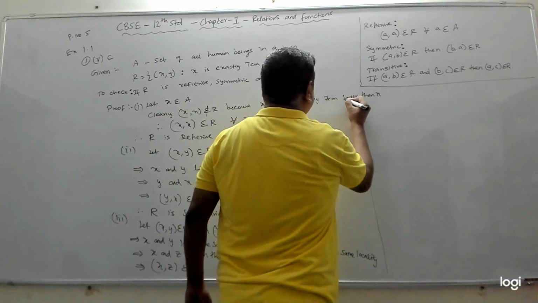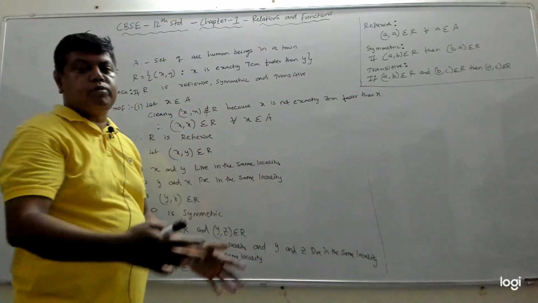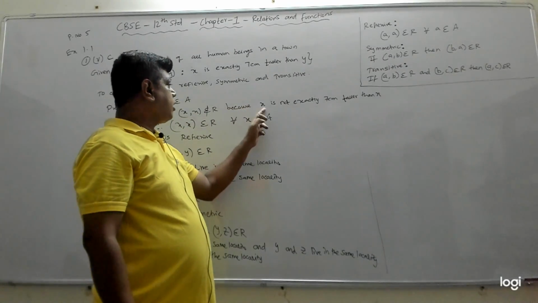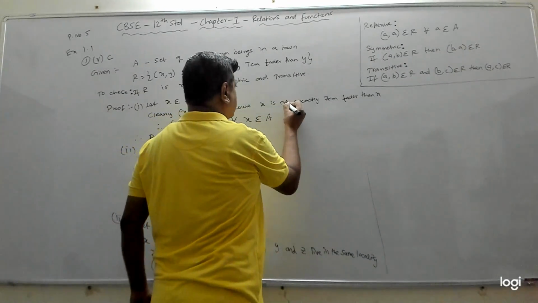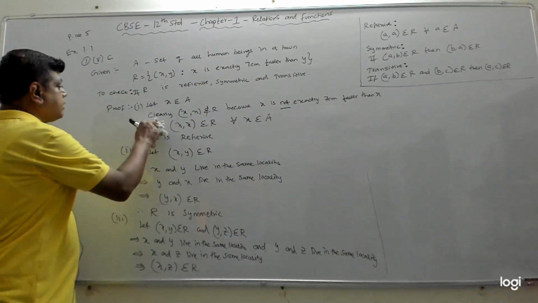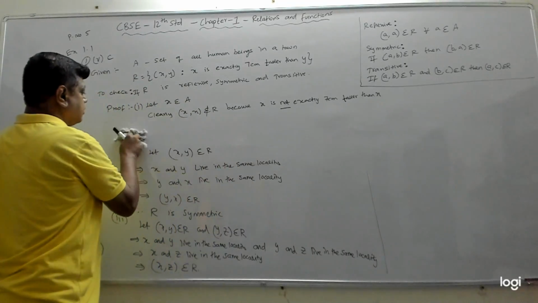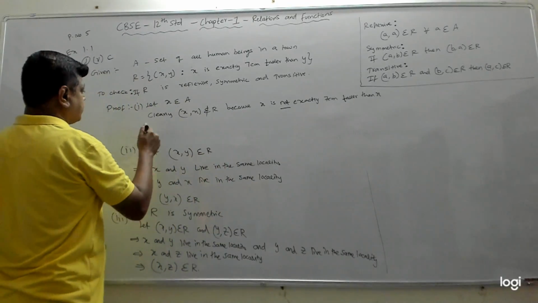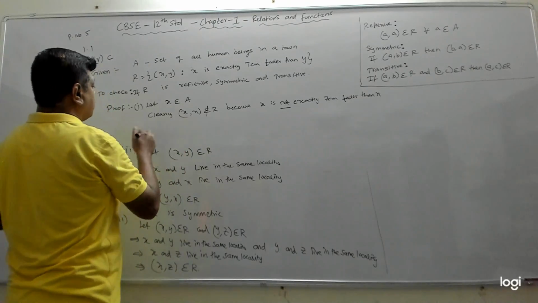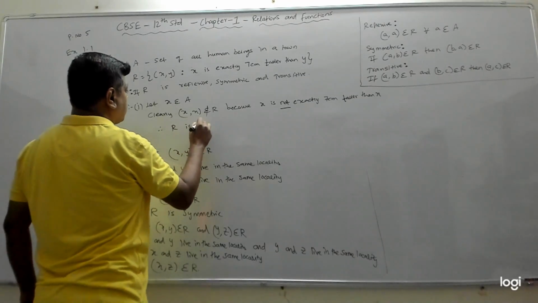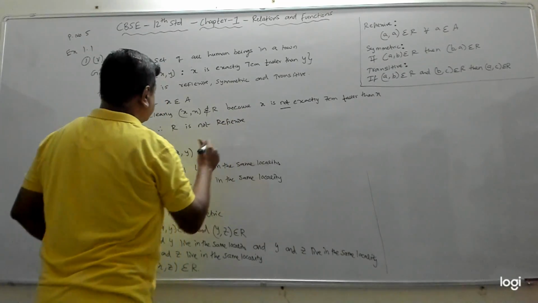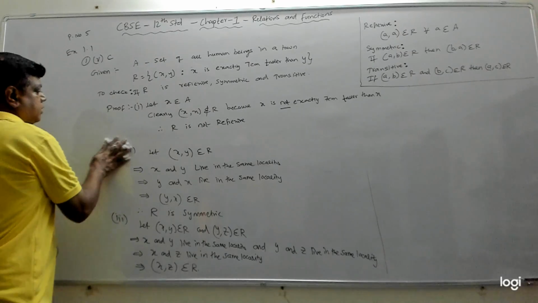How can the same person be 7 centimeter taller than himself or herself? Therefore we can say R is not reflexive.